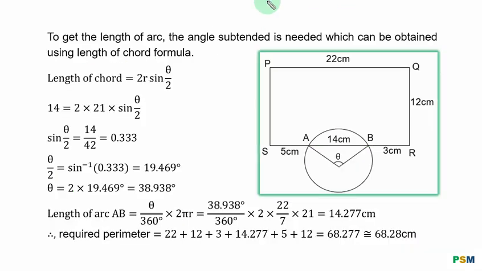To get the length of arc, the angle subtended is needed, which can be obtained using length of chord formula. This is the angle. Length of chord is equal to 2 times radius times sine theta over 2. The length of chord is 14, equal to 2 times radius 21 times sine theta over 2.